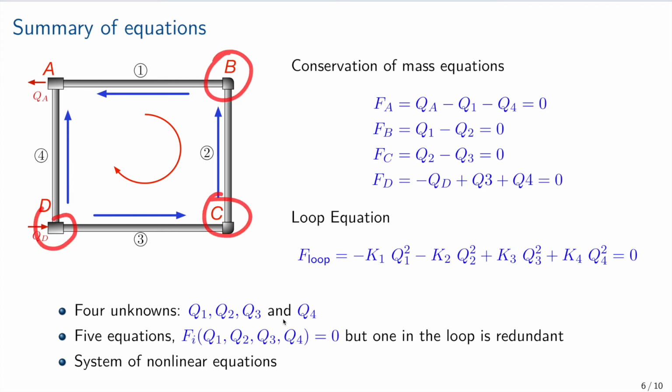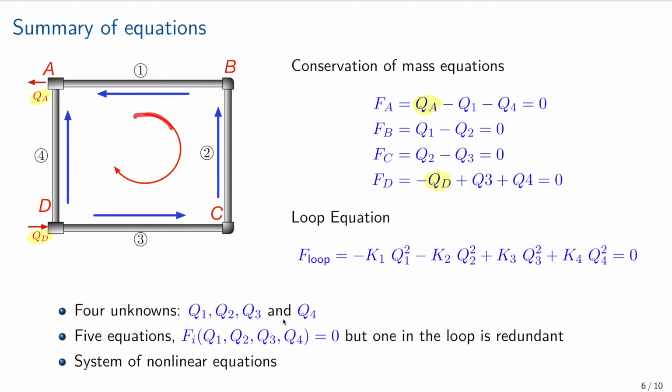So we can write the equations. Notice that in the equations that we write, there are going to be some terms that are known, the ones that we have in red here, that are the inlets and the outlets of the system. Now for the loop equation, we write in terms of the direction that we assume for the loop and the directions of the flow rate that is assumed.